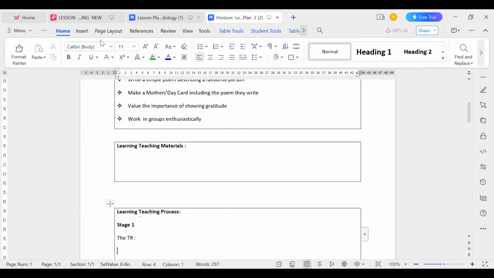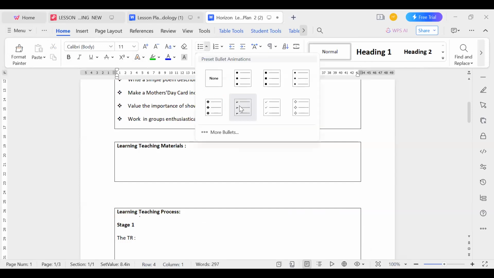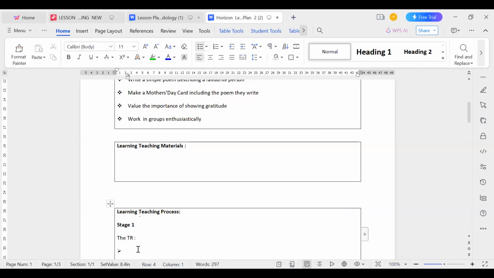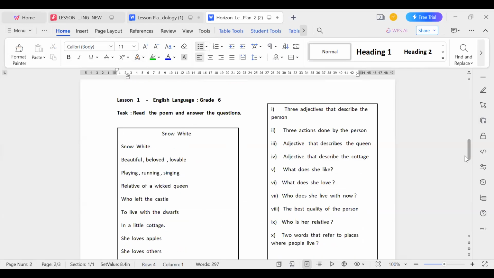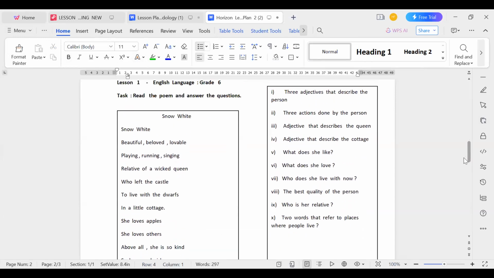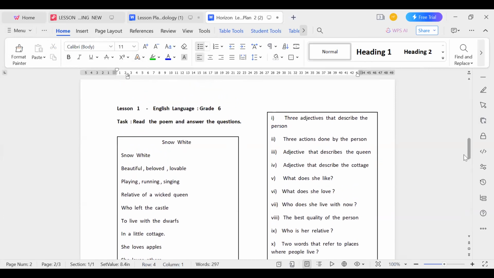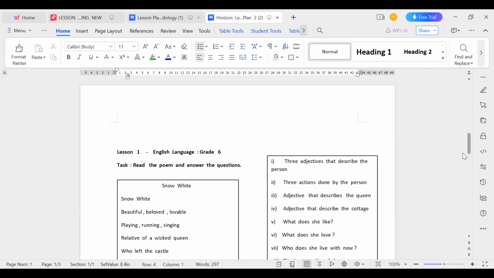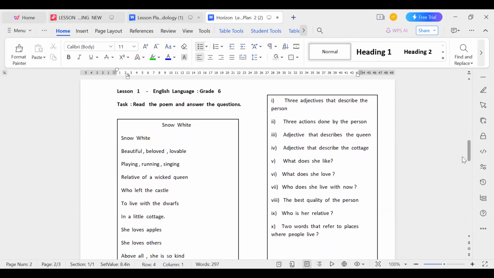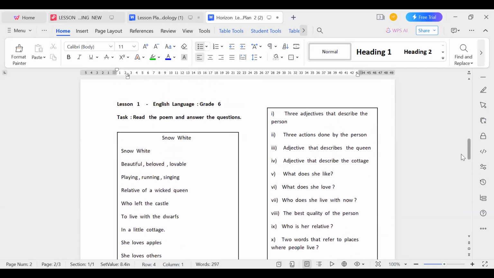And then you have bullets and write the teacher. The very first thing they do, I told you now. What is done first? Read the poem and answer the questions. So you have to have an enlarged copy of the poem Snow White, and you should have the questions.